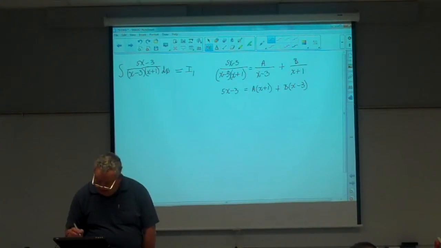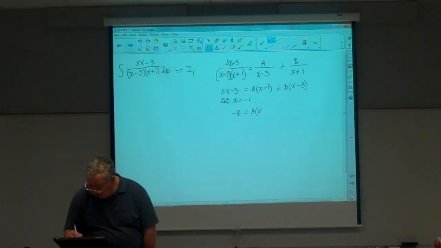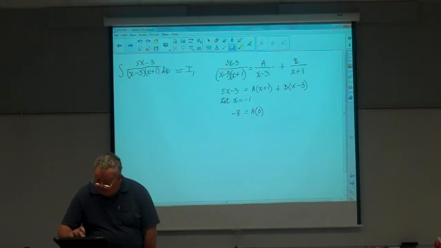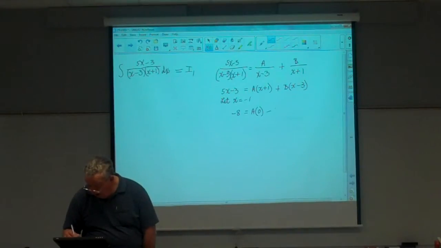Is that right? So I'll let x be equal to -1, and I have minus 5 minus 3, that's minus 8, is equal to a times 0 plus, and then this is minus 4b, or b is equal to 2.